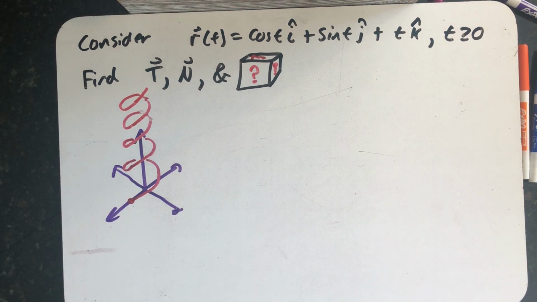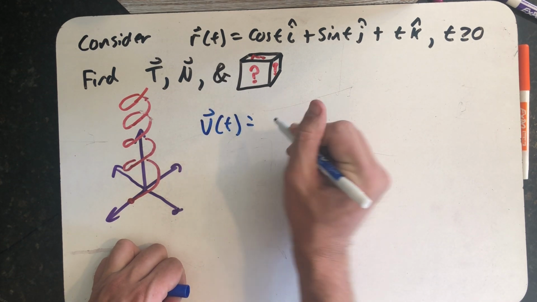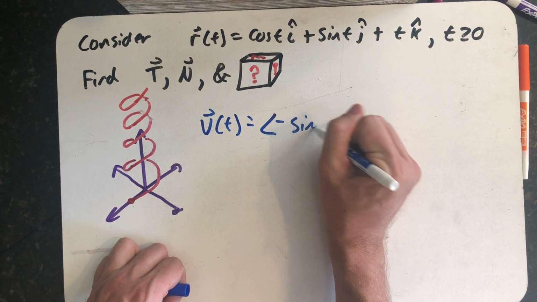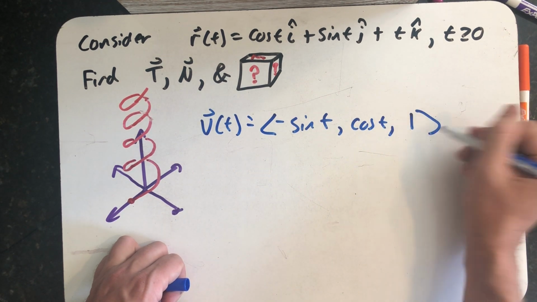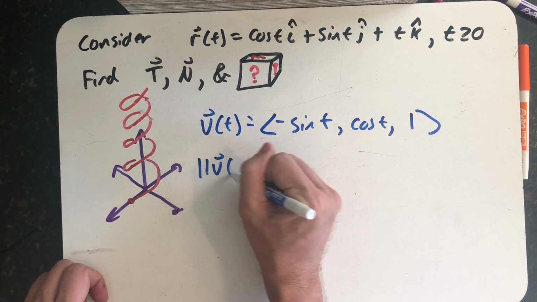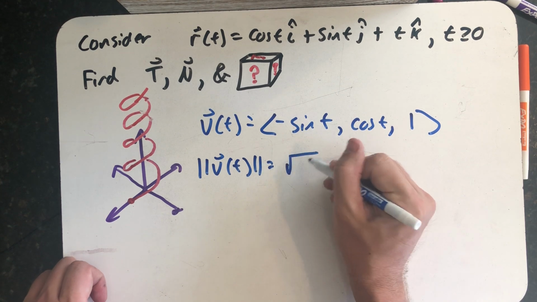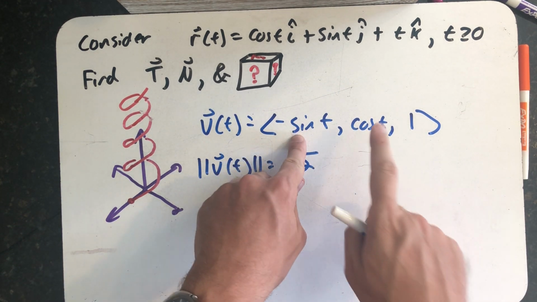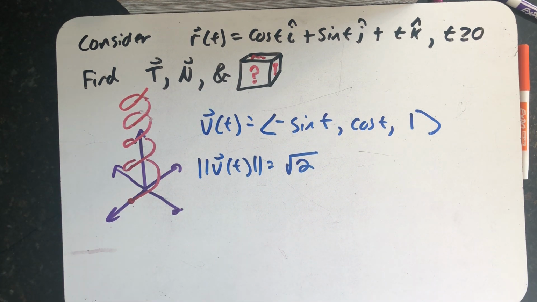All right, we're asked to calculate big T and big N. I need a velocity vector. All right, now I need to know speed. Well, we've done this for this particular graph before. Sine squared plus cosine squared is 1, plus 1 more is 2, so the speed is the square root of 2.